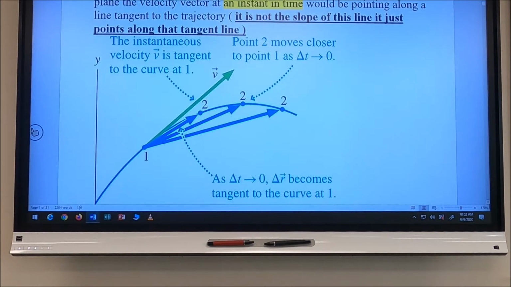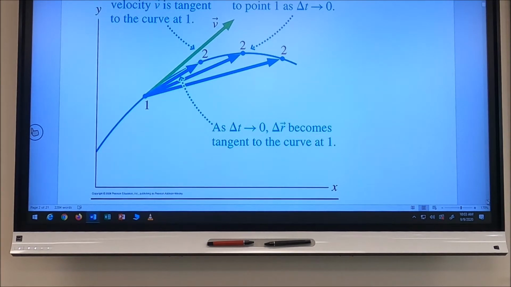So let's think about this motion diagram in 2 dimensions and think about average velocity versus instantaneous velocity. Okay, now I'm going to scroll up a little bit so we've got the whole image.